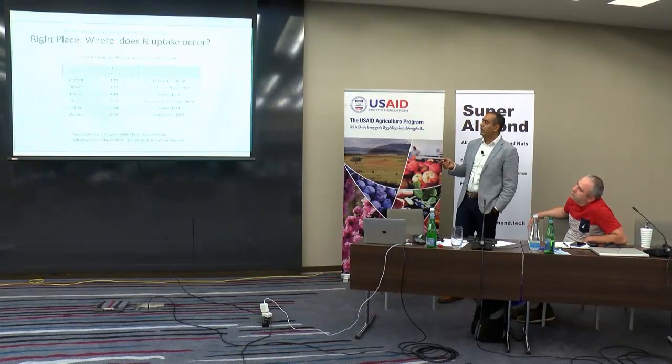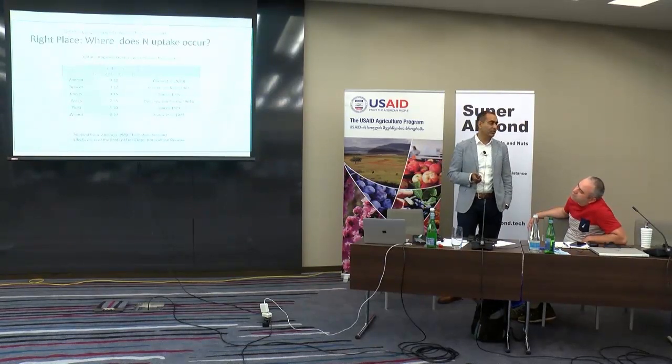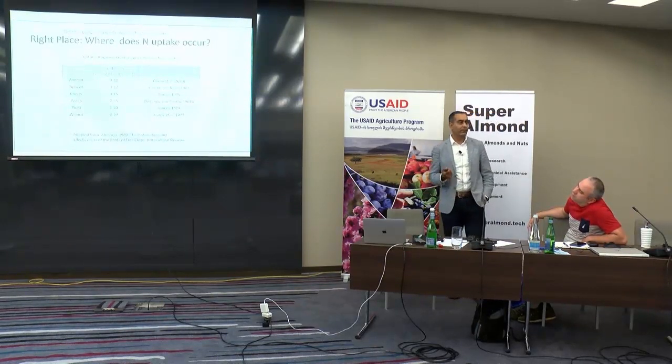And this is where the depth of the fine feeding root zone really comes into the picture. The almond's fine feeding roots are concentrated in the top 3 to 18 inches of the soil profile.